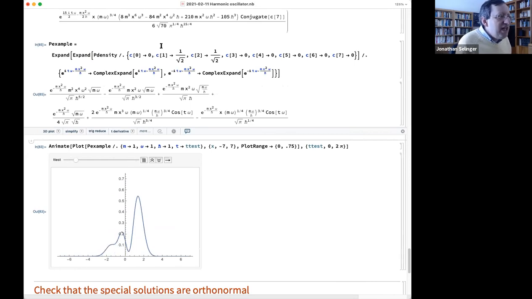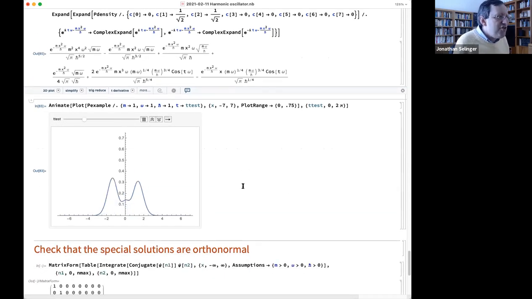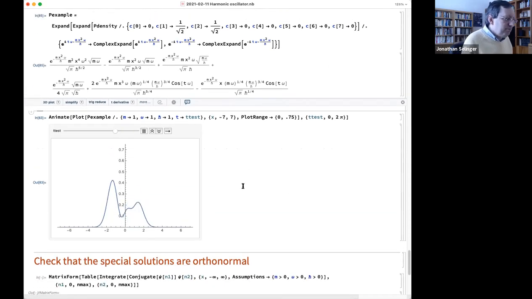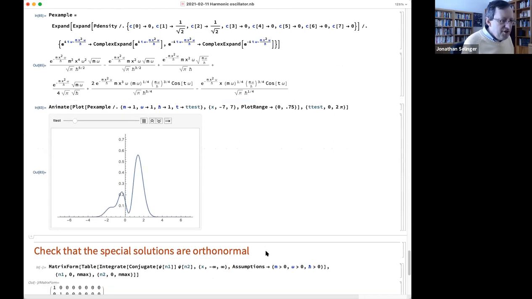And then we could calculate averages of things. If I want to calculate the average of x in this state, let's do that.